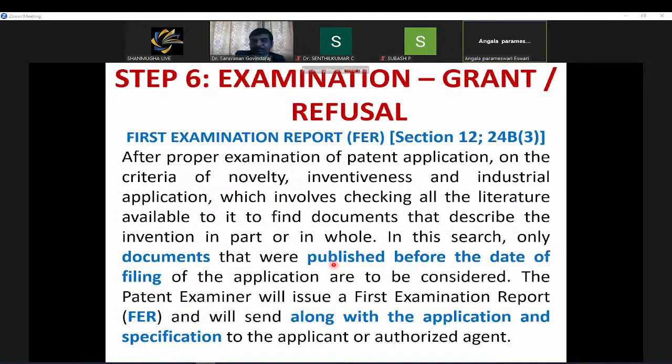So when your invention is novel, and if the controller is satisfied, then they will grant. In case they find yours is not novel, then they will not grant your patent.